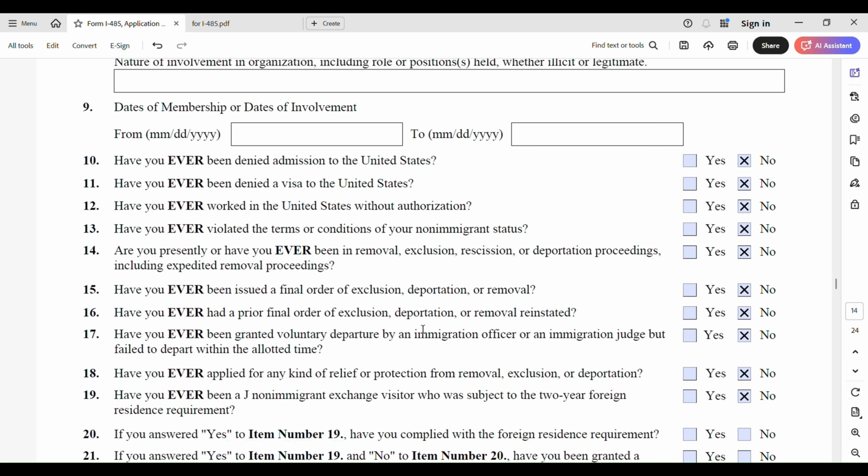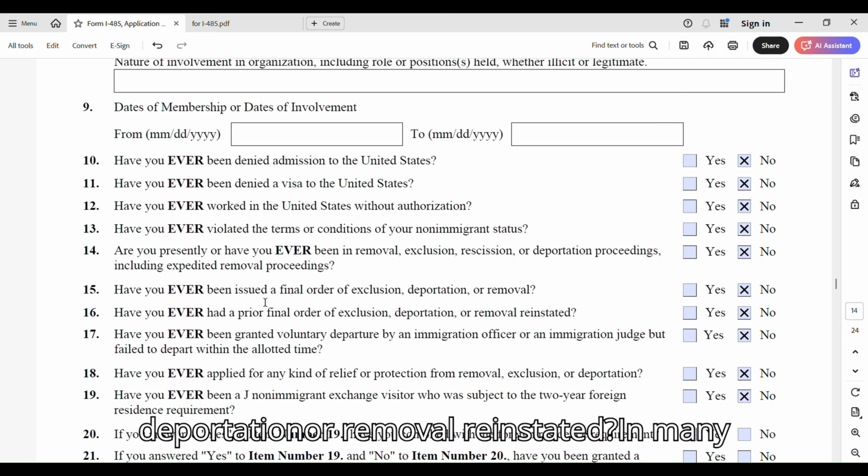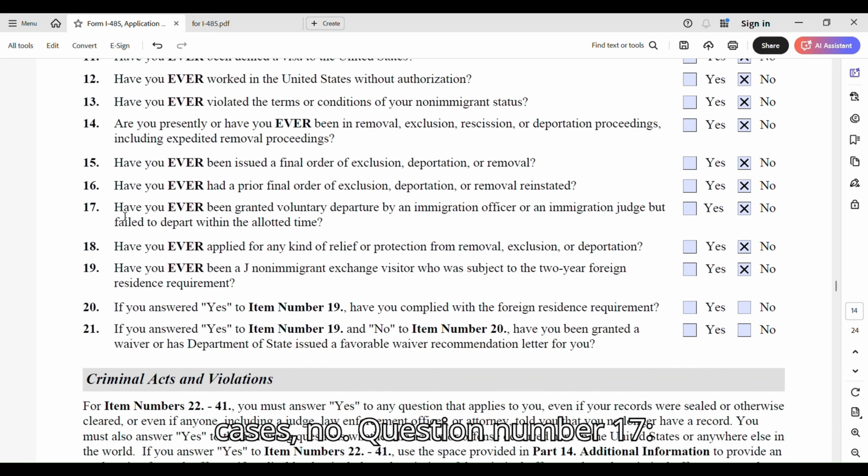Have you ever had a prior final order of exclusion, deportation, or removal reinstated? In my case, it is no. Question number 17. Have you ever been granted voluntary departure by an immigration officer or an immigration judge but failed to depart within the allotted time? In my case, it is no.